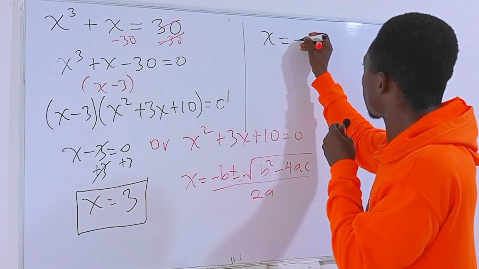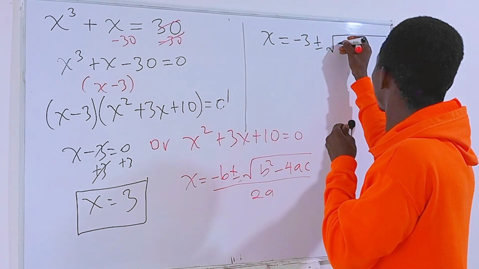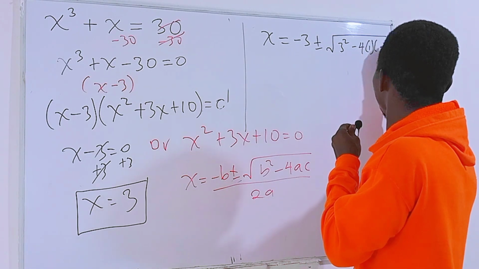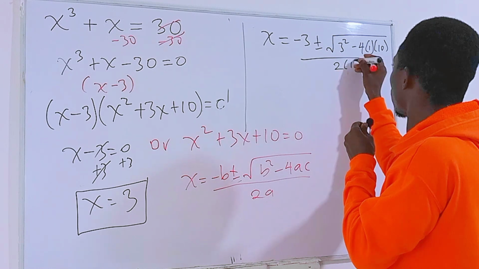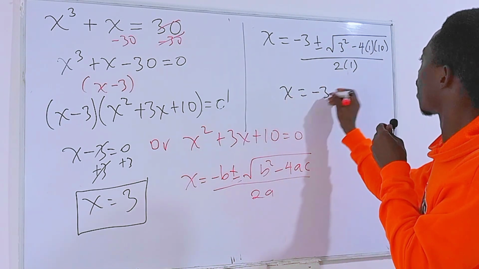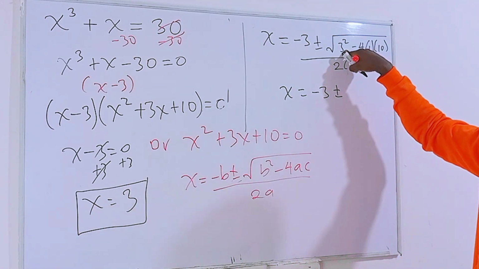So we will have minus 3 plus or minus square root of 3 squared minus 4 times 1 times 10, all divided by 2 times 1. Cool. So we have x is equal to minus 3 plus or minus. We have 3 squared, which is 9.